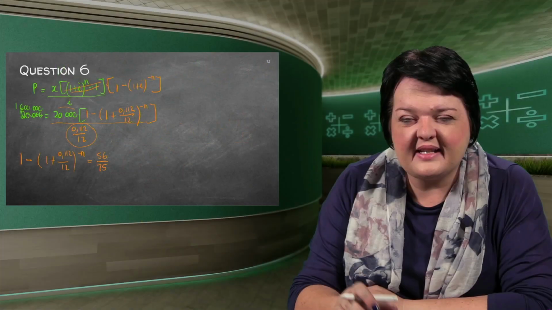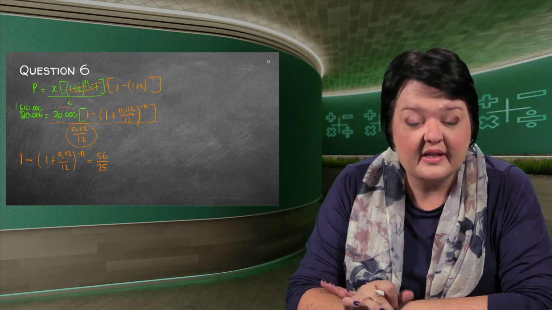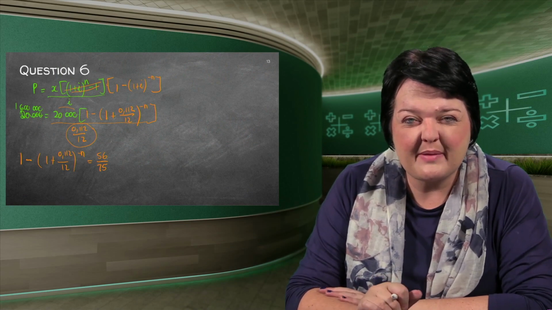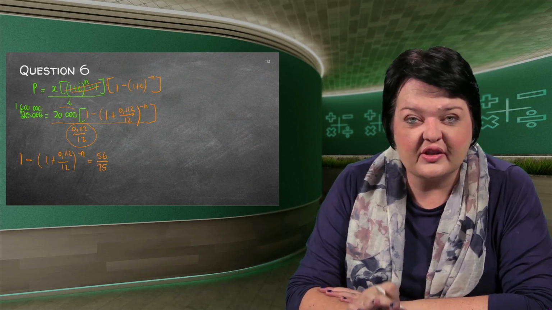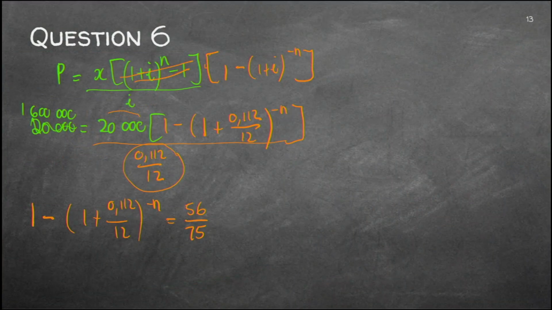As these are quite important and sensitive to rounding off, you just need to remember, keep it maybe in a fraction until the very end to get the most accurate answer. So once again, we get 1 plus the 0,112 over 12 to the power of negative n equal to 19 over 75. So here, you'll definitely need to use a log.